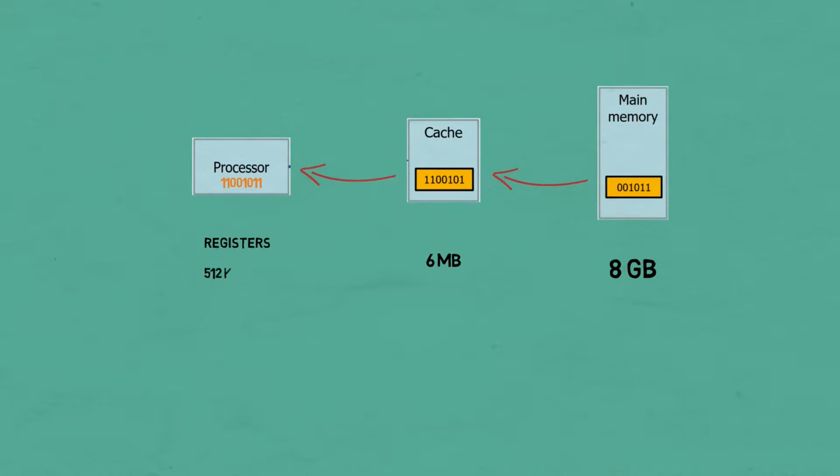Now let's say the processor has a clock speed of 3 GHz. Now for simplicity, let's imagine the processor can compute 1 instruction in 1 clock cycle.